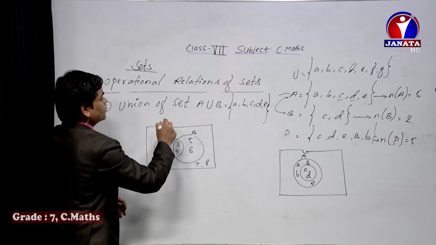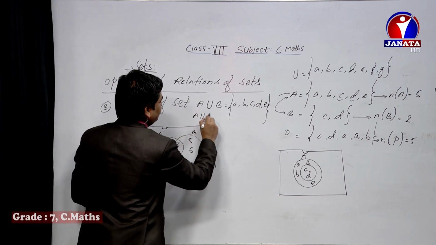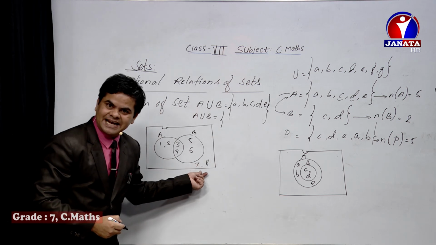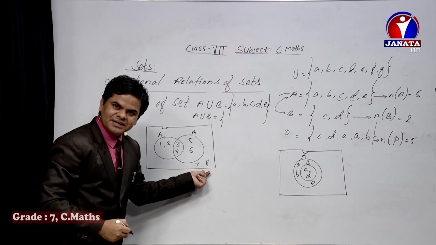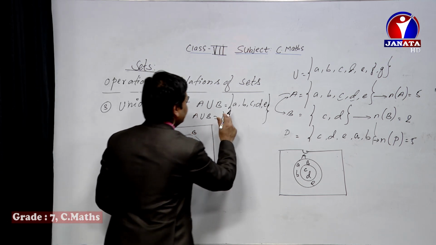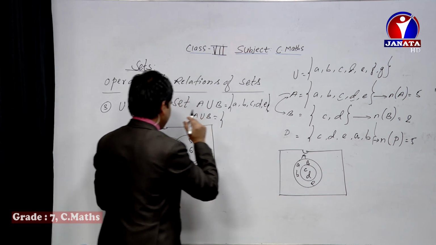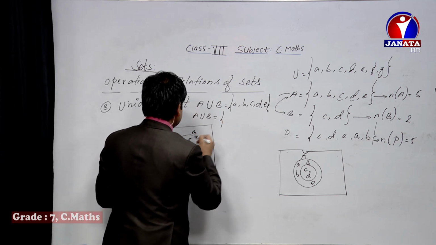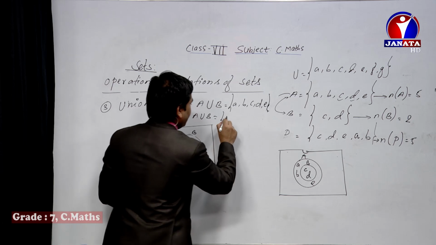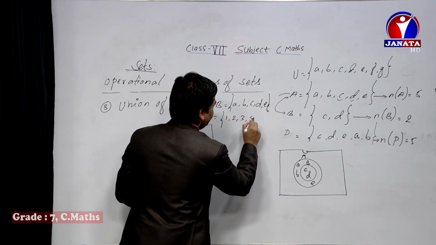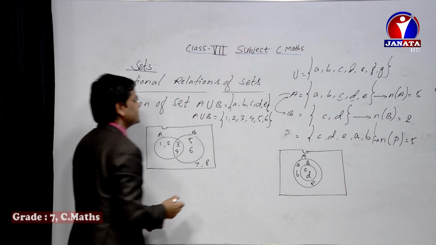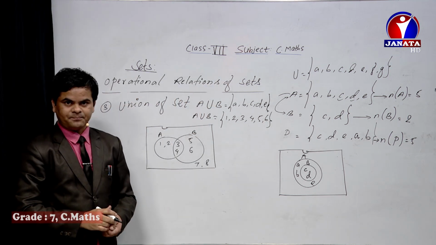So if you want to write here the A union B, then take the elements of the A and B sides. If we keep those elements, that is known as the elements of A union B. So let's start writing 1, 2, 3, 4, 5 and 6. Okay, that much. So this is known as A union B.